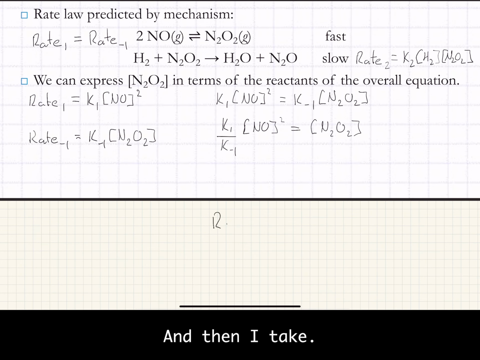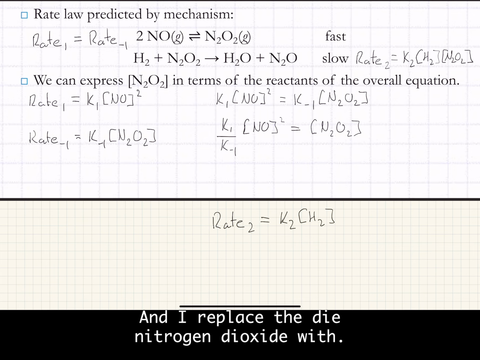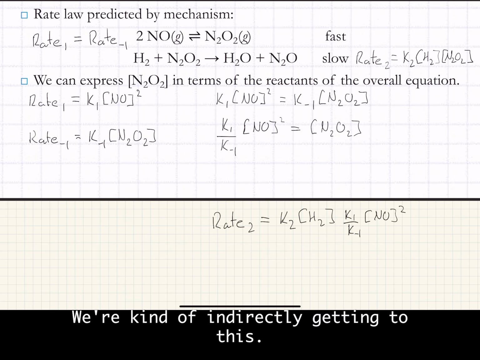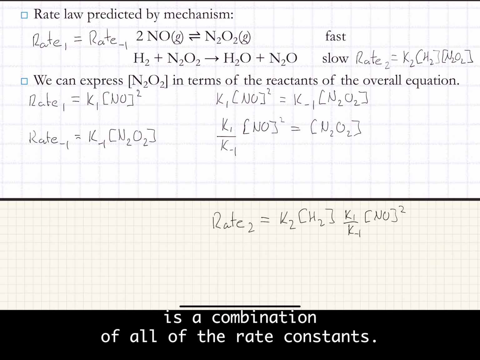And then I take my rate 2 equals k2 times H2, and I replace the dinitrogen dioxide with this thing that is equal to dinitrogen dioxide. We're kind of indirectly getting to this, but the rate constant of the overall reaction is a combination of all of the rate constants.